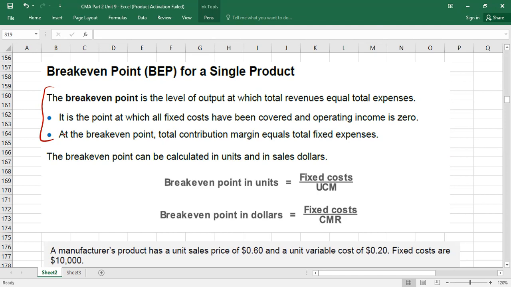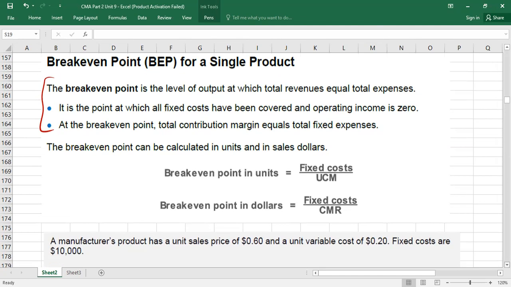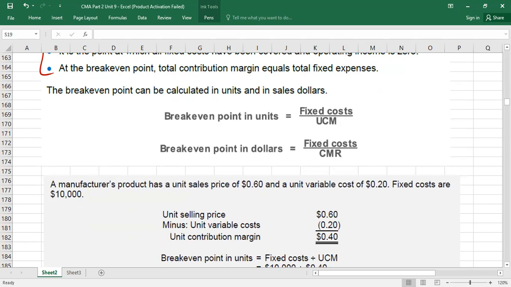We also assume production equals sales, and selling price will not change. Based on these assumptions, there are two formulas to calculate the break-even point. The first formula is if you want to calculate the break-even point in units.